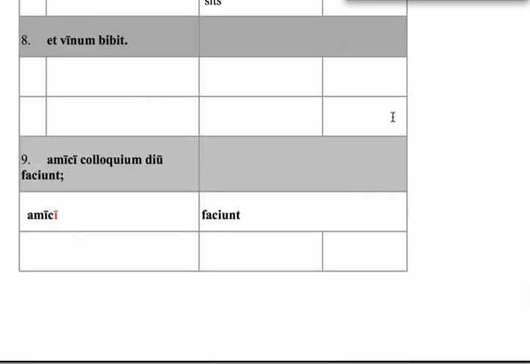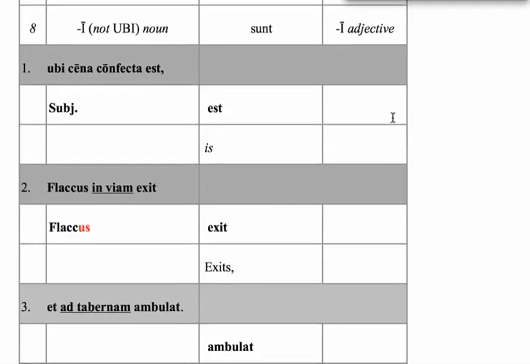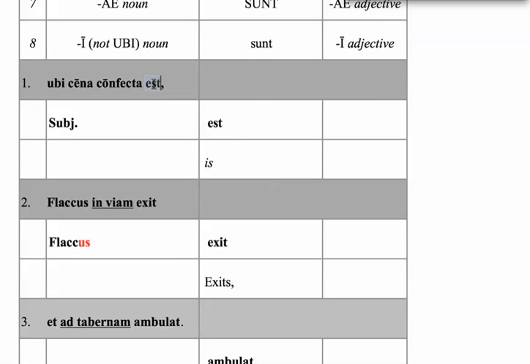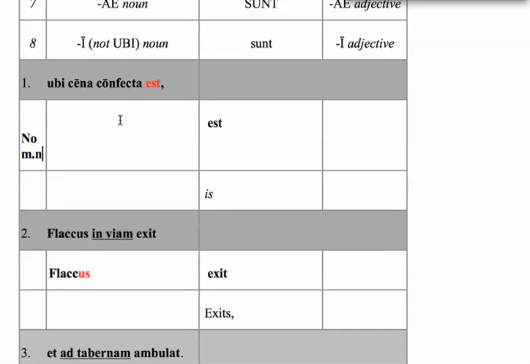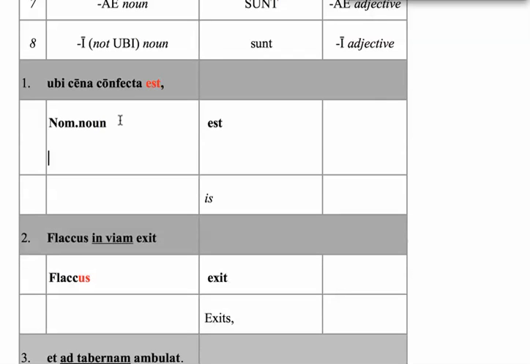At the beginning, number 1, we had a verb that was est, so we'll have the same pattern. We'll have a nominative noun here, and the nominative adjective will go here.